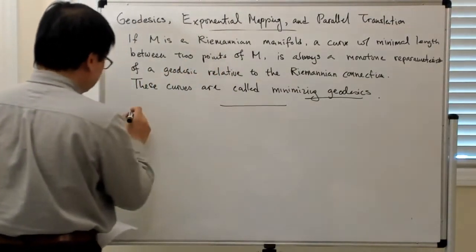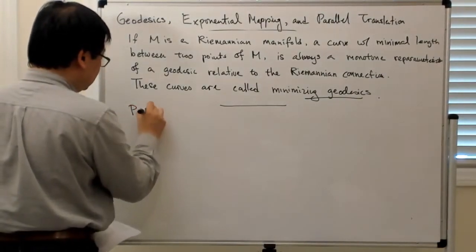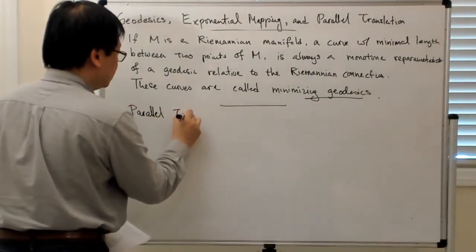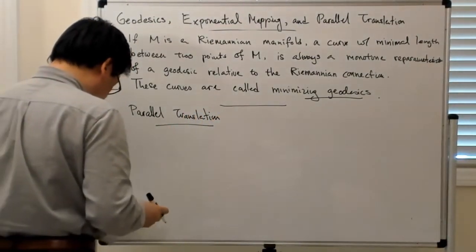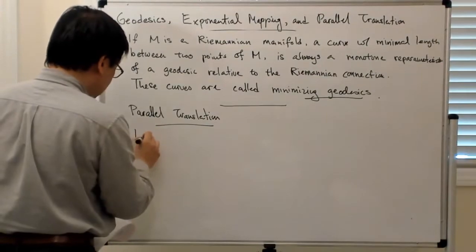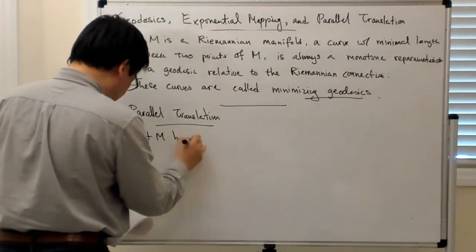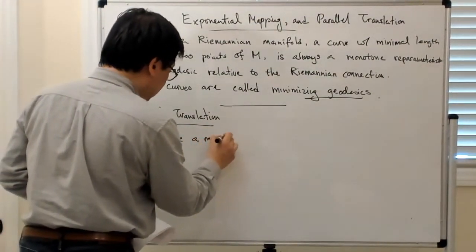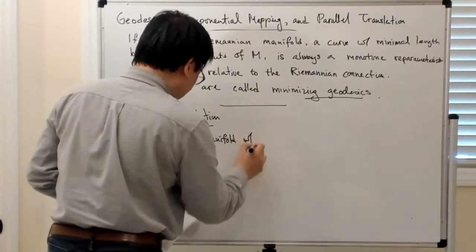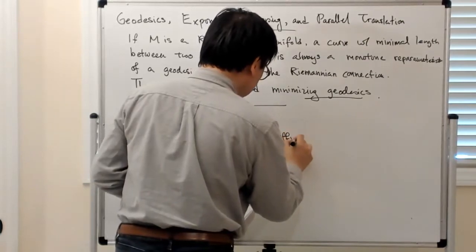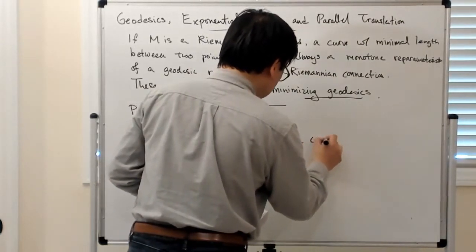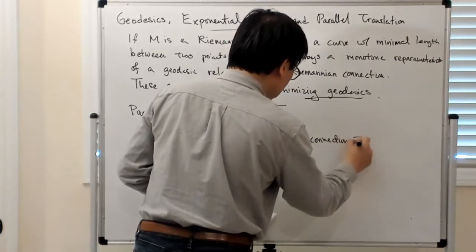All right, so this is parallel translation. Okay, so you let M be a manifold with an affine connection, nabla.